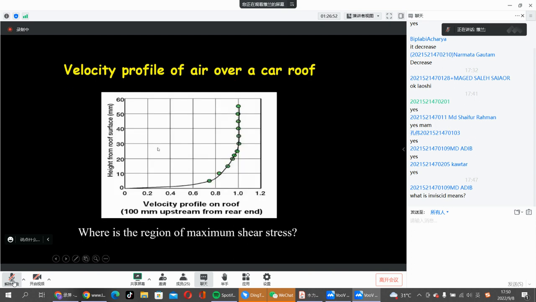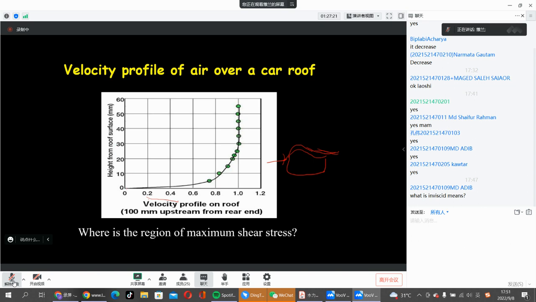And here is a velocity profile of air over a car roof. Just like here, if this is a car, sorry for my drawing. The air is moving around the car, and here is the velocity profile on the roof. This is its velocity, and this is the height from the roof surface.